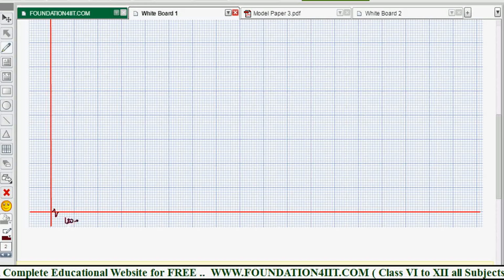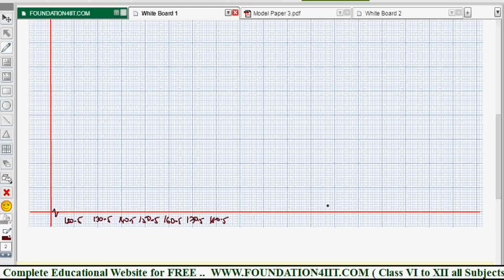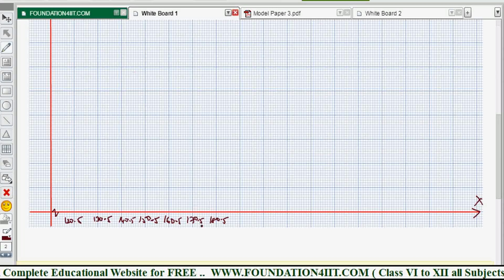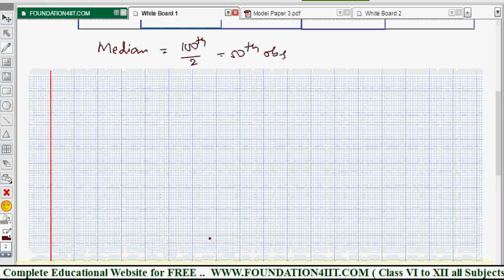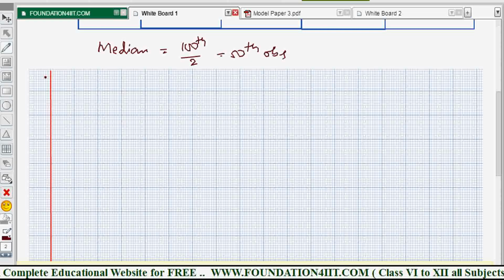So this 120.5, again 130.5, 140.5, 150.5, 160.5, 170.5, 180.5, and so on. Okay, this is on x-axis. So this is the height in centimeters, and y-axis is the number of pupils.